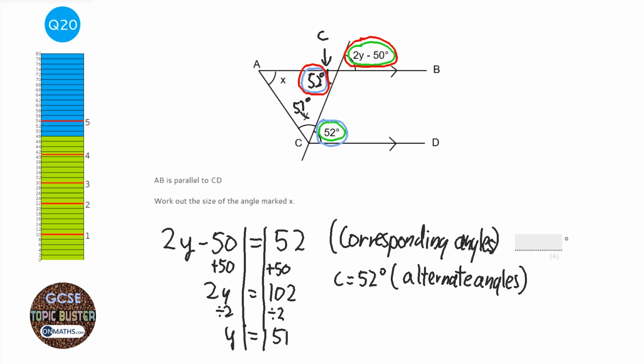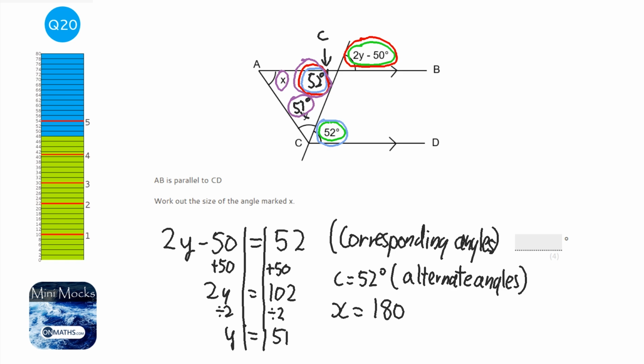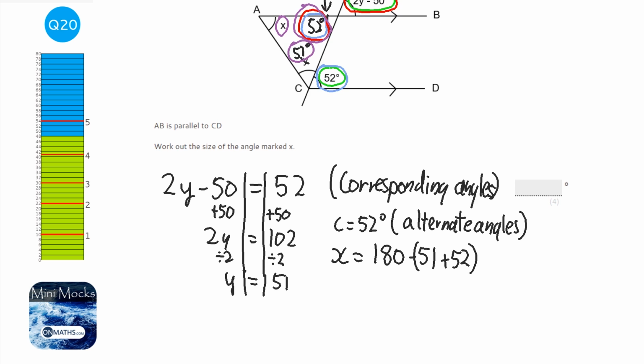Okay, so we've got three angles in a triangle. I've got way too many colours going on here. So to work out x, so x equals 180 minus 51 plus 52. So work out what 51 plus 52 is, and then take away from 180.